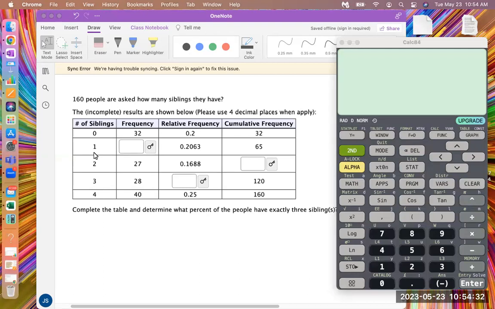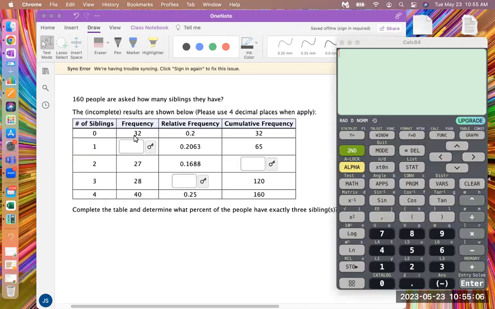Well, there's a few different ways to figure this out. If you add all of these frequencies, the number of people who said 0, plus 1, plus 2, plus 3, plus 4, so 32 plus 27 plus 28 plus 40, plus this unknown one, all of them should add to 160, because this is everybody who was sampled.